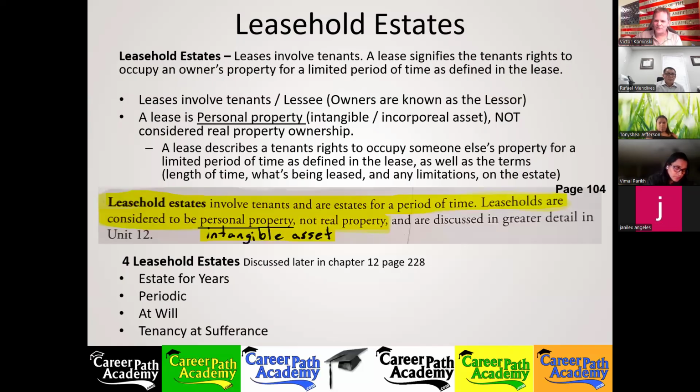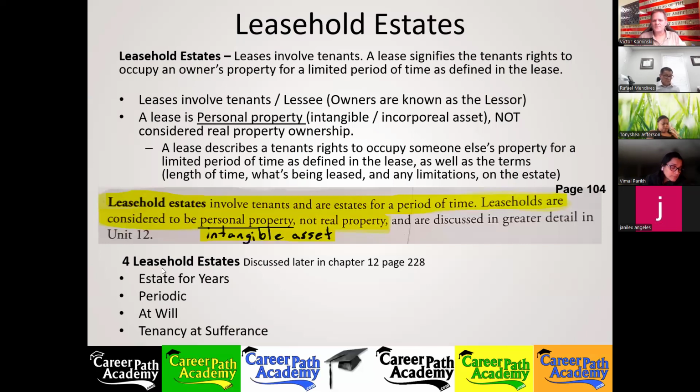So the garage is not for you. You could park in the driveway, but the garage ain't for you. Okay. Or you also have access to half of the basement, but not the whole basement because the landlord keeps their stuff on the other side. You know, they have to specify what you don't have access to, because if they don't, you have access to the whole property that you're leasing.